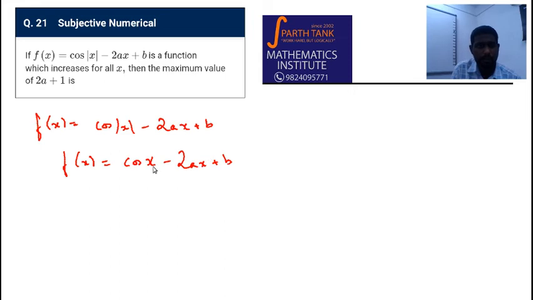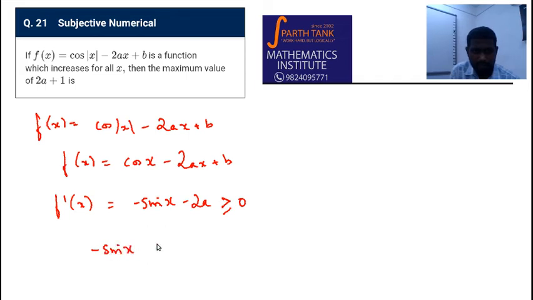So f dash of x, because we need to analyze the maximum, is minus sine x minus 2a. Now they have said that this is a function which increases for all x, which means it is strictly greater than 0. Let us say greater than or equal to 0. This would mean that minus sine x is greater than or equal to 2a.